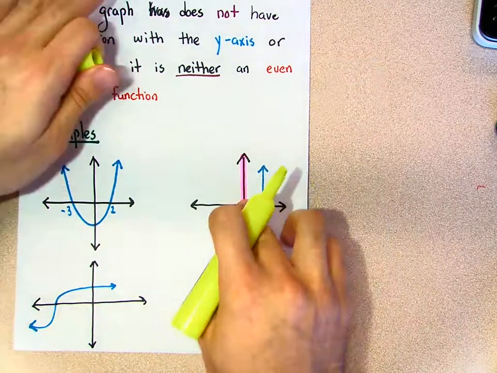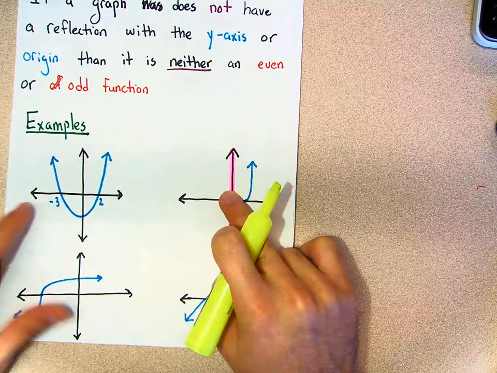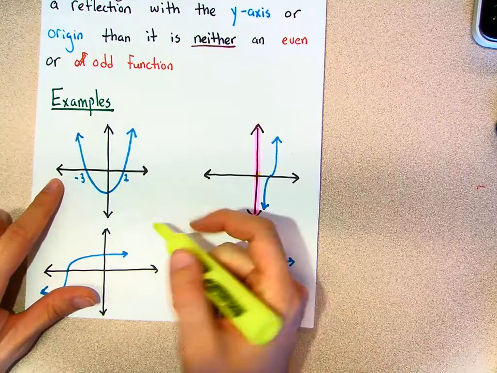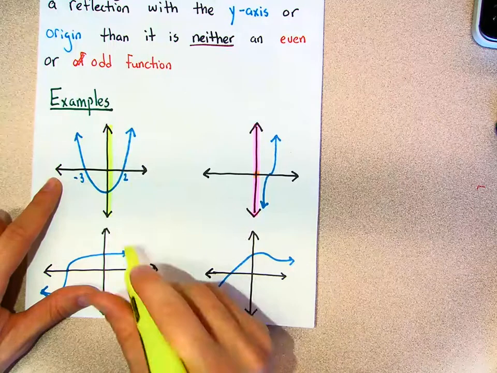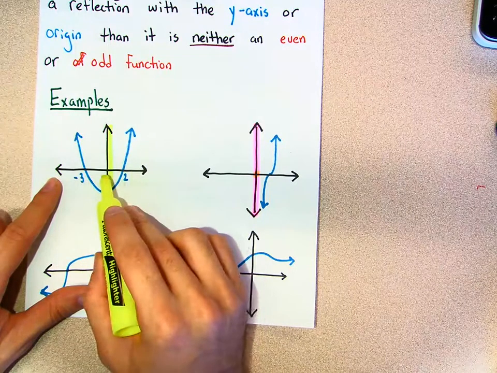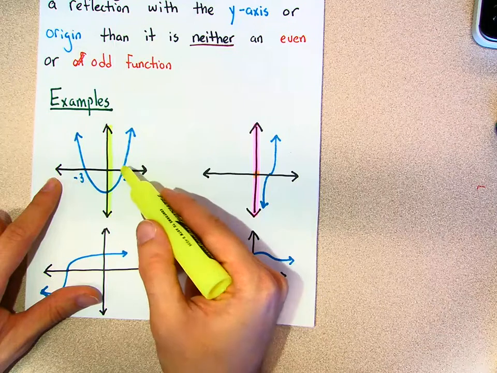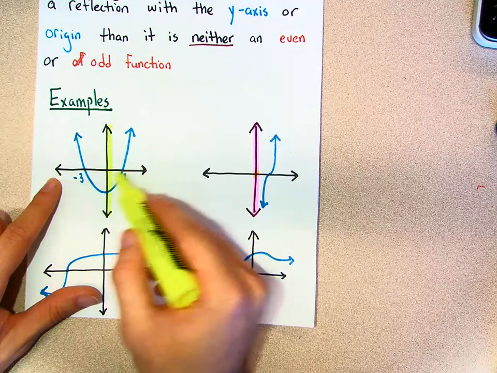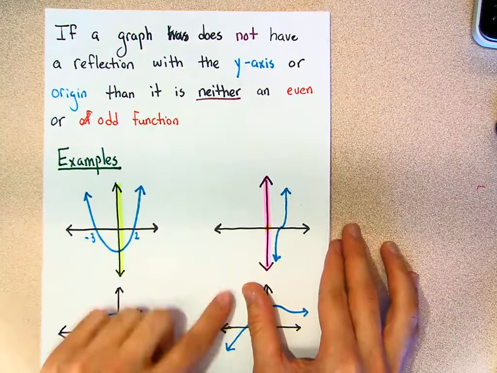If I turn it upside down, they're two completely different graphs. And this one too. And if you think, oh, Mr. G, it looks like it's symmetric with the y-axis. It's not, because if this is -3, then this has to be 3. Or if this is 2, then this has to be -2. There has to be some sort of mirror. And these are not odd or even either.